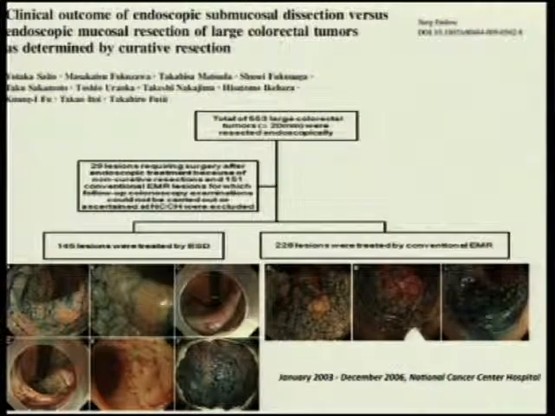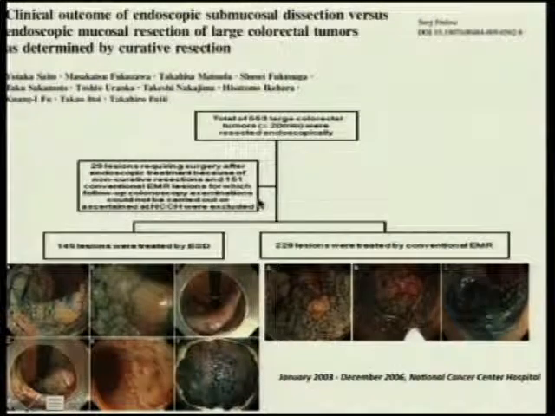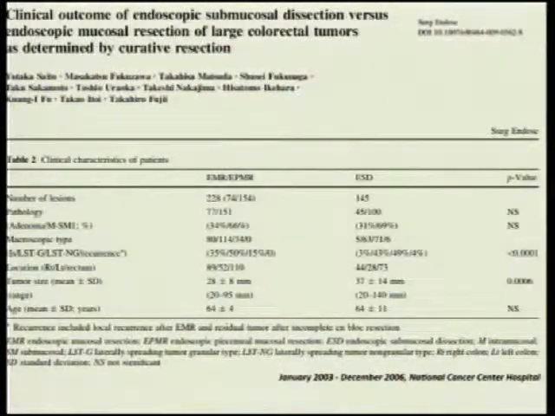So this slide shows the comparison between conventional EMR and piecemeal resection and ESD at our National Cancer Center. All of the cases were followed up more than 6 months endoscopically and sometimes by CT examination. As shown, ESD has treated larger regions.